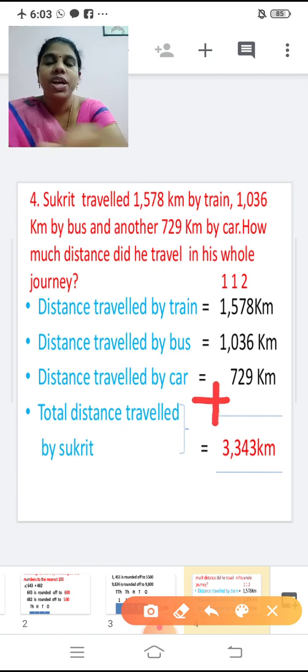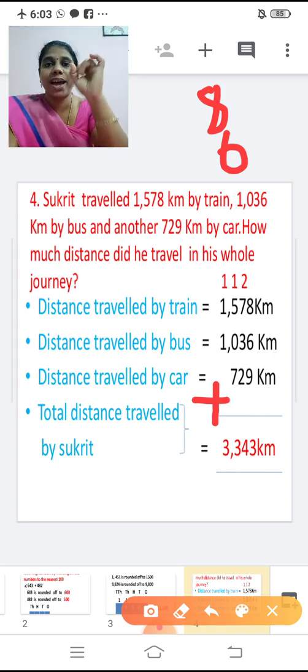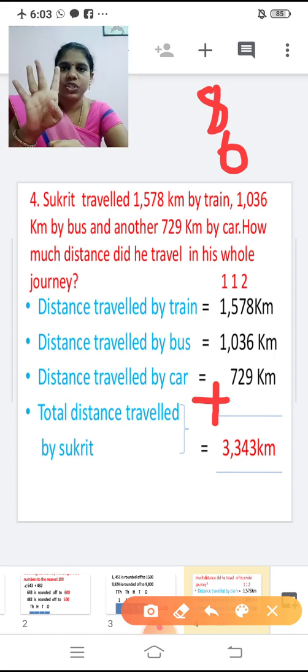Shall we add this now? First add the ones place. 8 plus 6. After 8 we are going to add 6 numbers: 8, 9, 10, 11, 12, 13, 14.